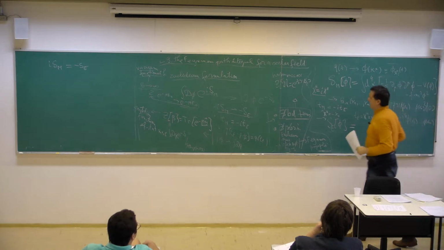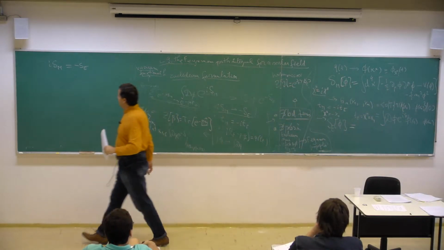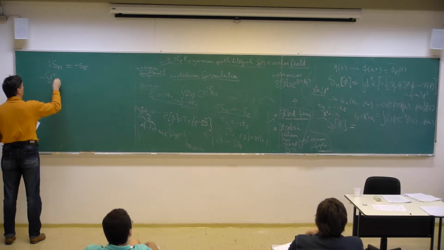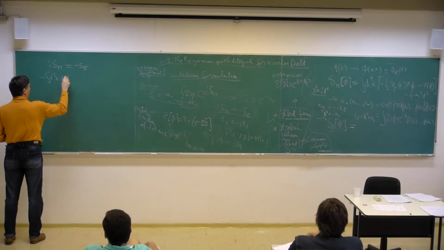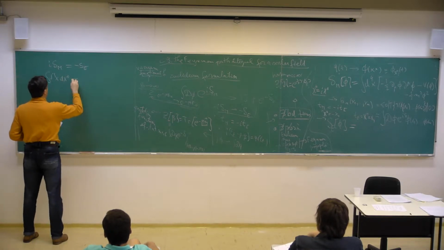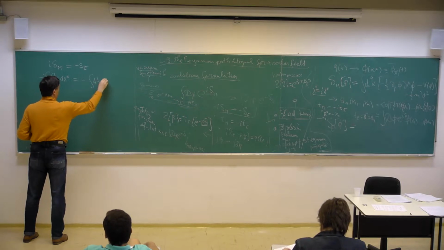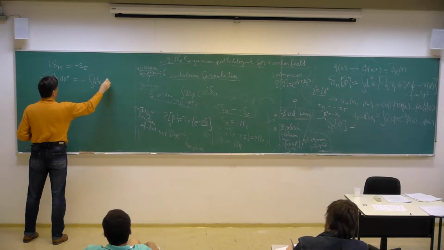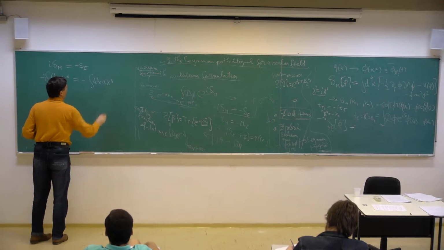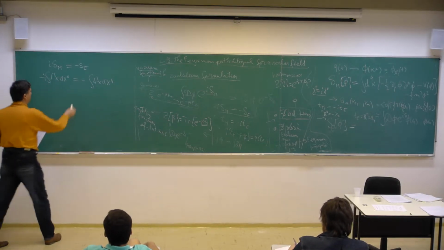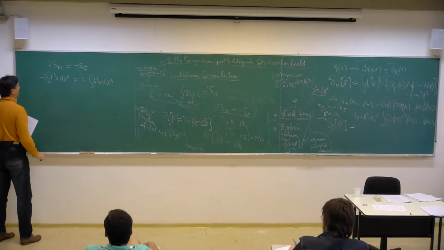If I look at this, I would have minus integral d3x dx0 of V, minus i. This should be equal to minus d3x dx4, and now I would write the part of the Euclidean action, which is this minus.